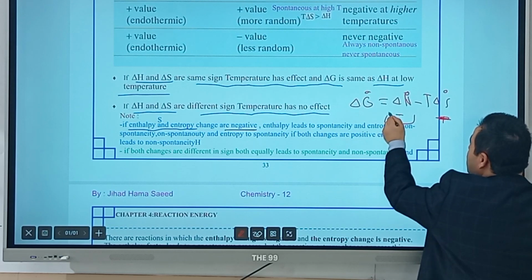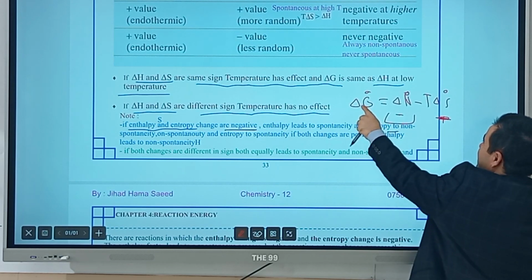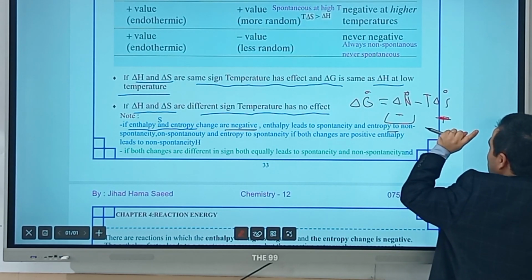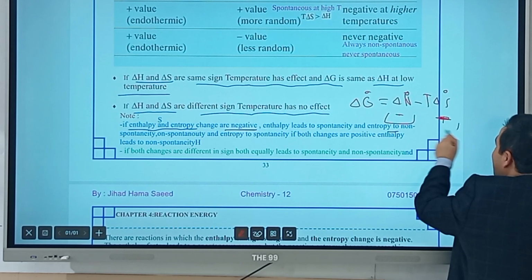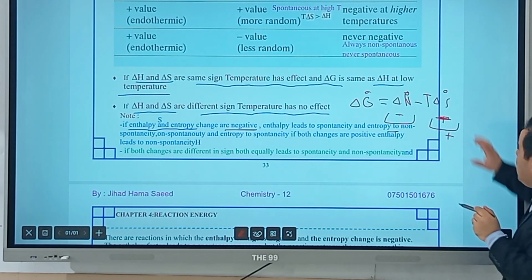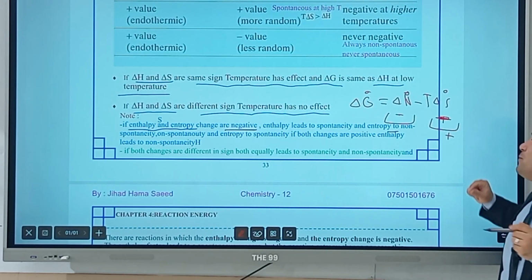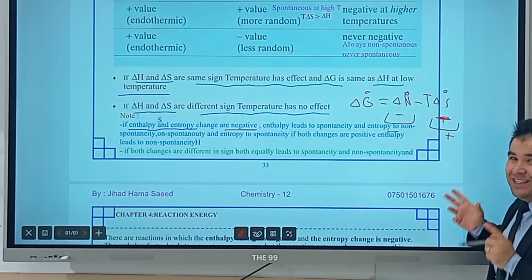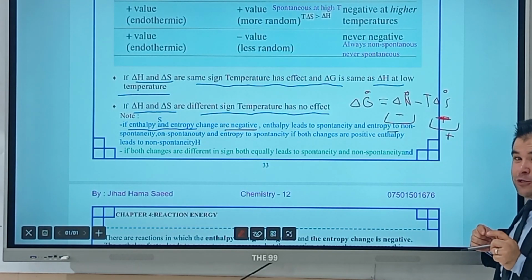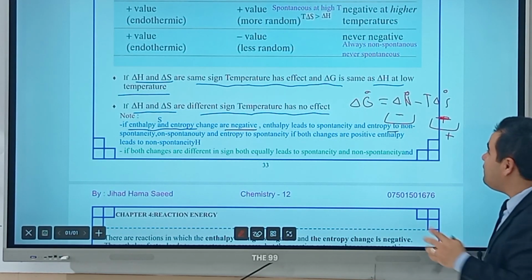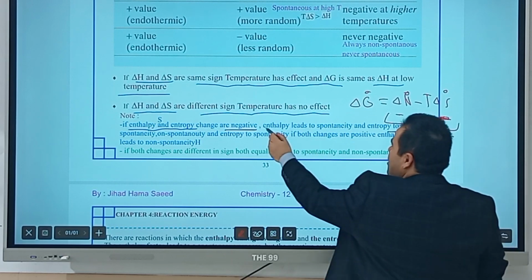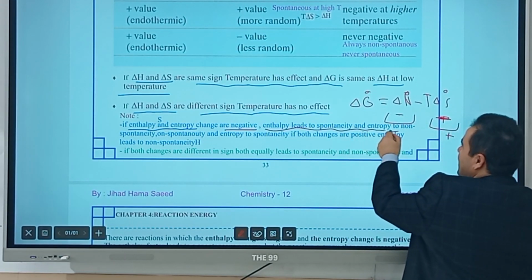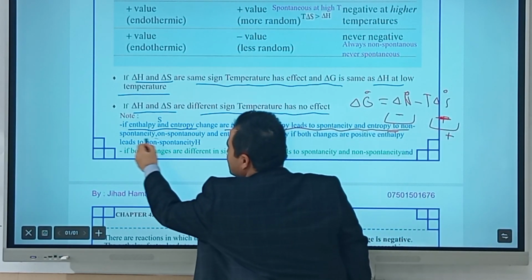If we take the sign of enthalpy, delta G is negative, spontaneous. But negative multiplied by negative is positive. If we take the sign of the entropy, it will be non-spontaneous. So enthalpy leads to spontaneity, and entropy leads to non-spontaneity.